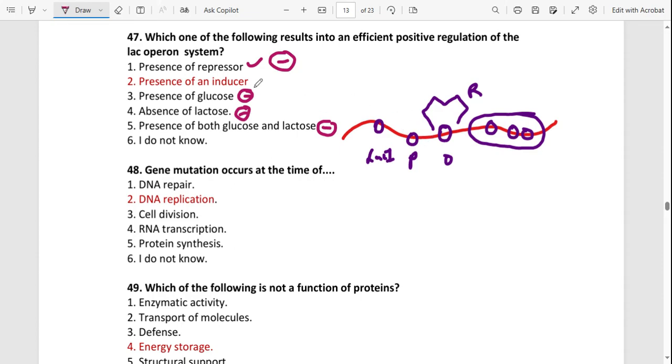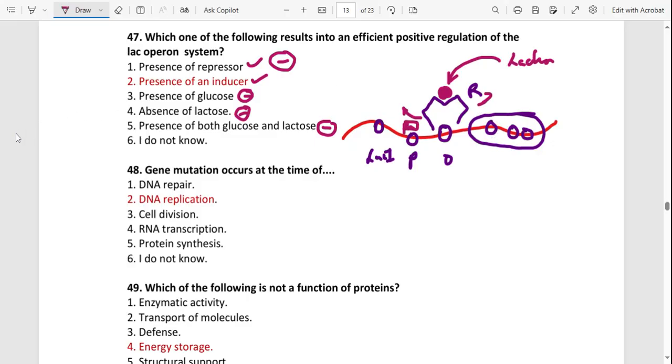Now, the inducer is the same lactose. Presence of the inducer, that's it, lactose. Once you have got lactose binding to the repressor, the hands will be released here, and then the operator is going to be free for RNA polymerase to pass and transcribe the structural genes.